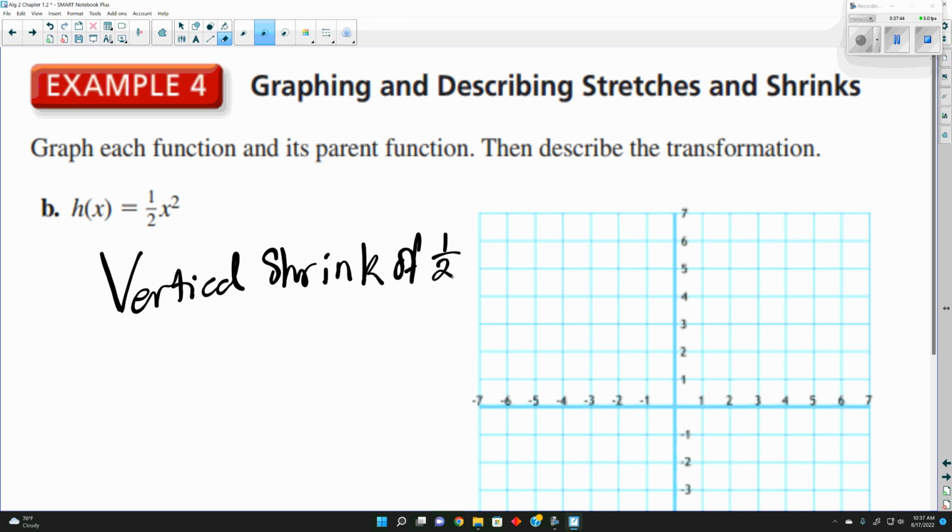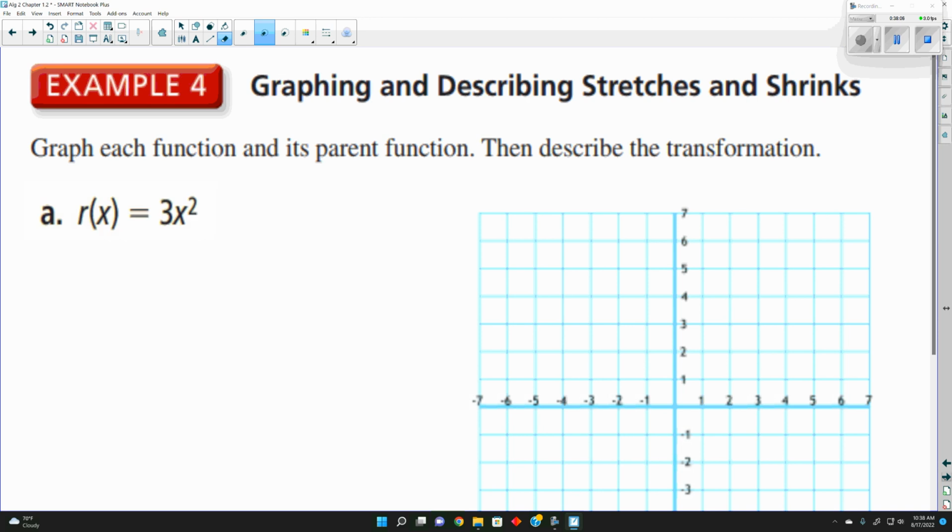And that's it. Because the 1/2 is taking the place of A. A deals with vertical stretch or shrink. Since 1/2 is in front of the x squared, it would be a vertical shrink of 1/2. Yep, because it's between 0 and 1, it's a stretch, or sorry, shrink. Greater than 1 is a stretch.